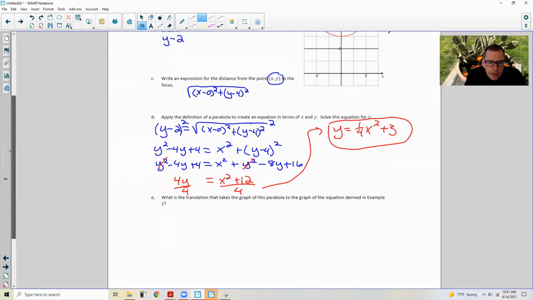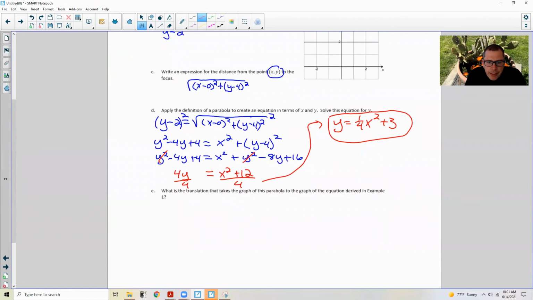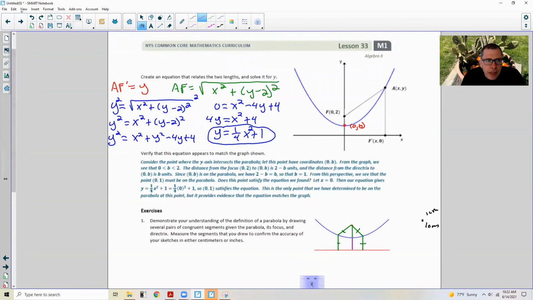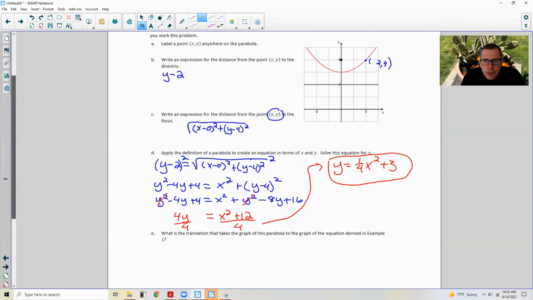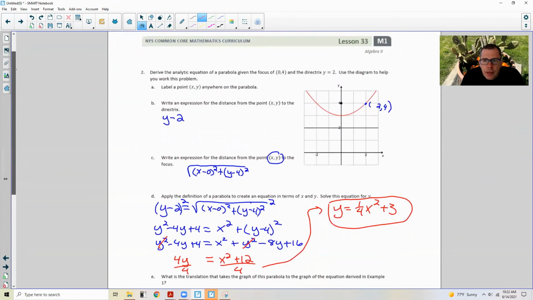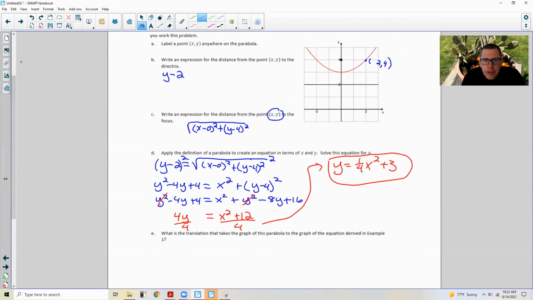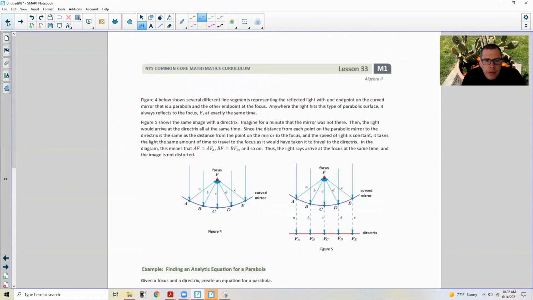Okay, part E. What is the translation that takes the graph of this parabola to the graph of the equation derived in example 1? Let's go back to example 1. Where is example 1? Oh, it's on the same page? No. Where is example 1?